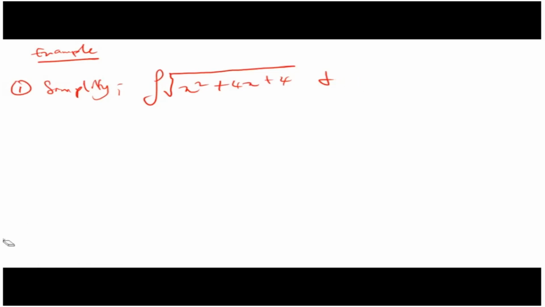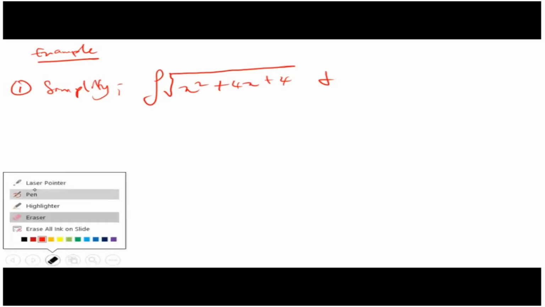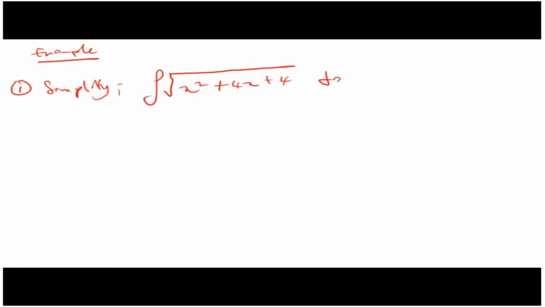Now, what do we do here? For your level, there's no rule for this one. So what we have to do is simplify the expression here first, by factorizing this. We have to factorize that first.